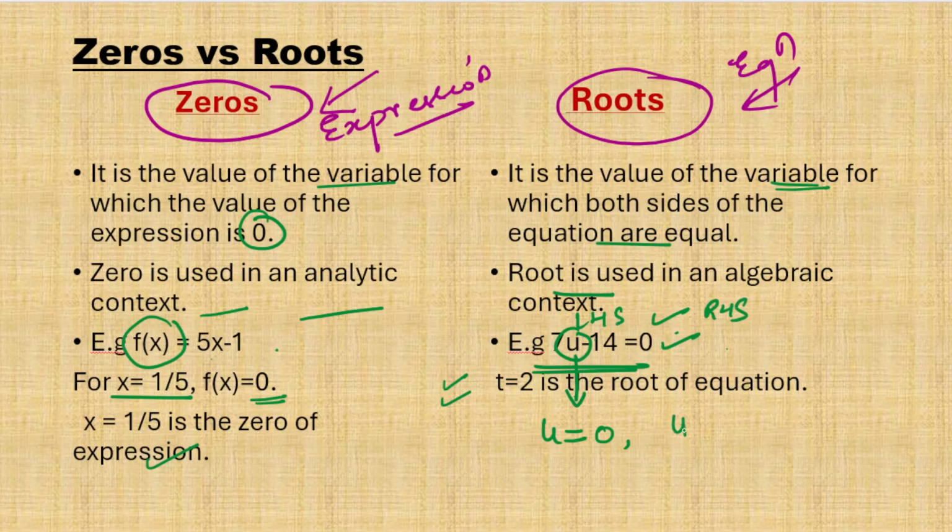Like if you put u equals 2, the left hand side becomes 0, so the right hand side and left hand side are equal. So u equals 2 is the root of the equation. This is the basic difference between zeros and roots. For today, we discussed expression, equation, and identity, and how we can find the zeros and roots, and the difference between them.